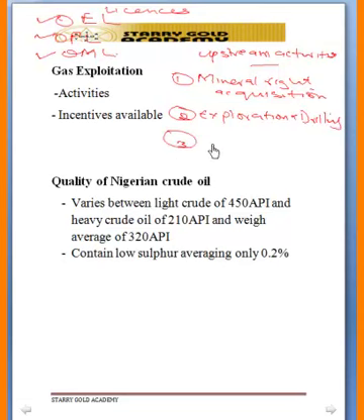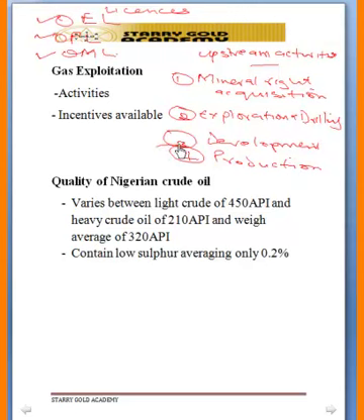Three, development. And four, production. So these are the activities in the upstream sector.